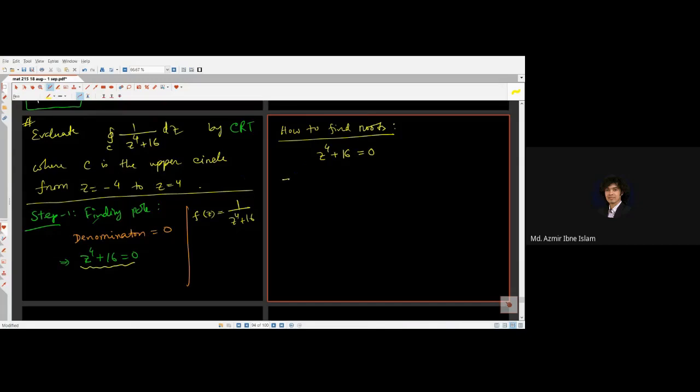So what we have to do, we can apply de Moivre's technique to find all the roots. Is that clear? And you might know that theta is equal to theta plus 2kπ, where k is 0, 1, 2, 3, 4, or negative 1, negative 2, negative 3, and so on.